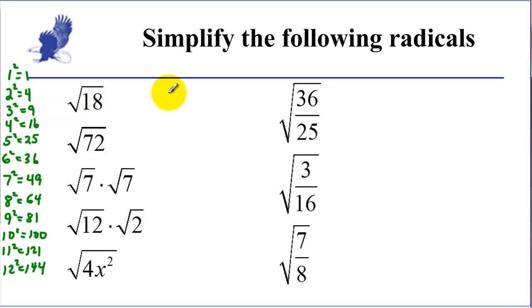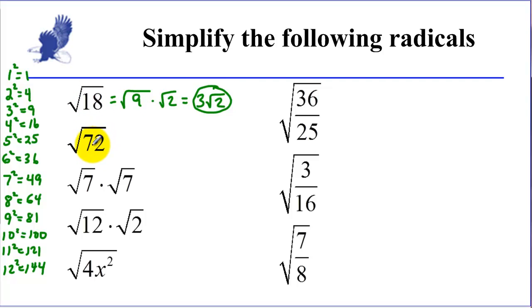It's 9. So we can factor this into radical 9 times radical 2. And we know radical 9, since that's a perfect square, is going to be 3. And then we have radical 2. So this is the reduced or simplified radical for this.